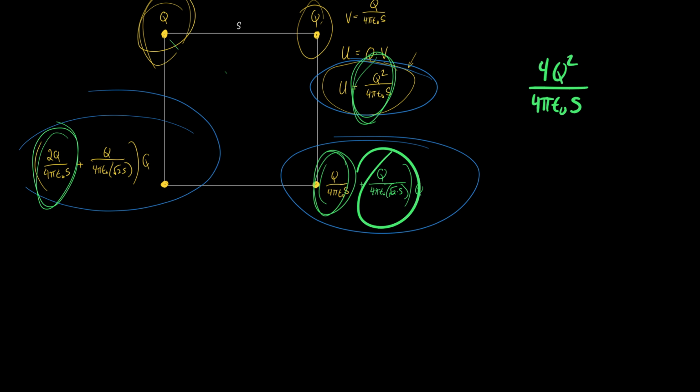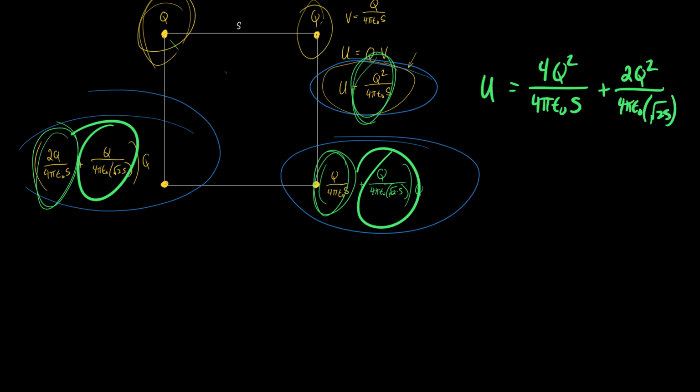And then I have one of these and another one of these. So plus 2 q squared over 4 pi epsilon naught root of 2s. And this represents the total energy for your assembly of charges.